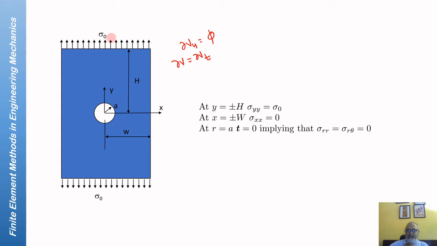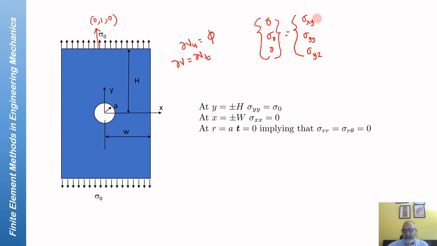On these surfaces, the normal is again (0, 1, 0), and the traction is (0, sigma naught, 0). Since the normal is (0, 1, 0), applying the Cauchy relation, sigma xy into 1, sigma yy into 1, sigma yz into 1.